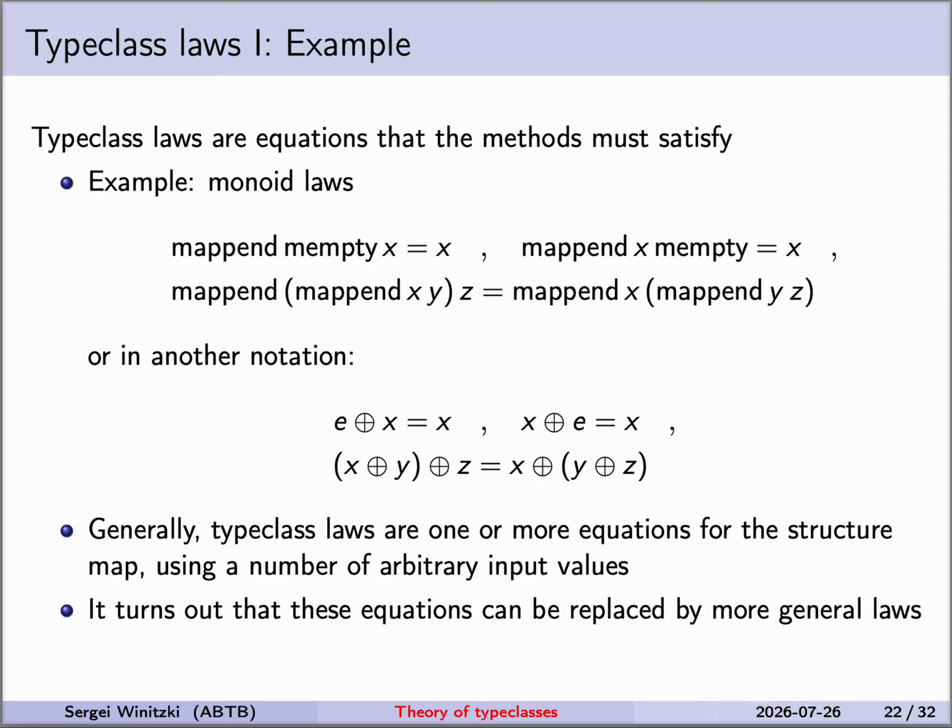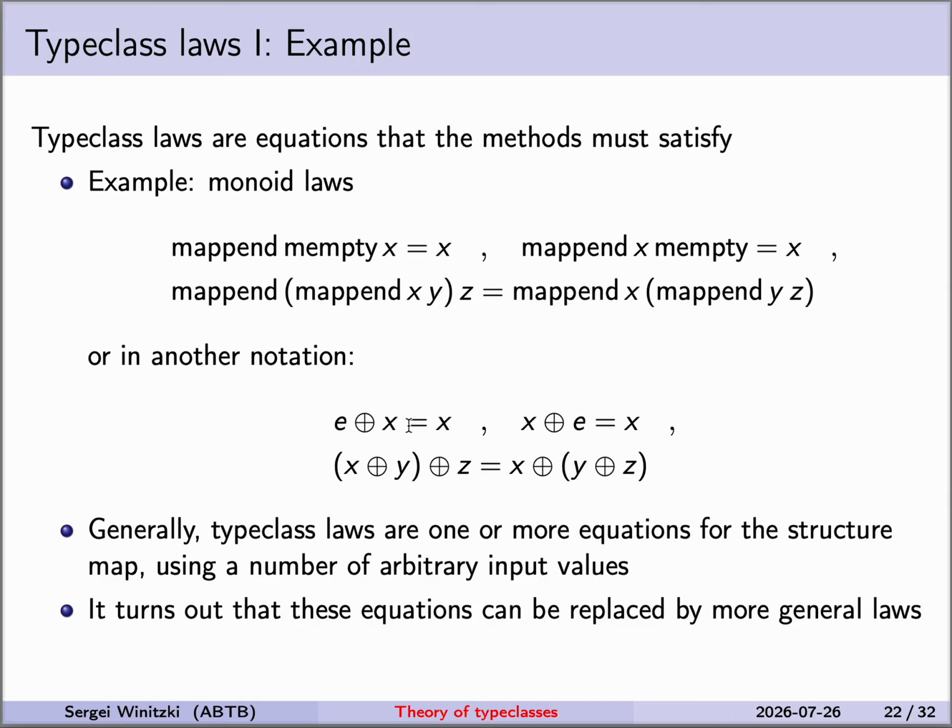For the monoid, we have 3 laws. The monoid type class has 2 methods, as usually formulated, mappend and mempty. And so we can write equations like this in a notation that is more mathematical and shorter to read. These are the 3 laws.